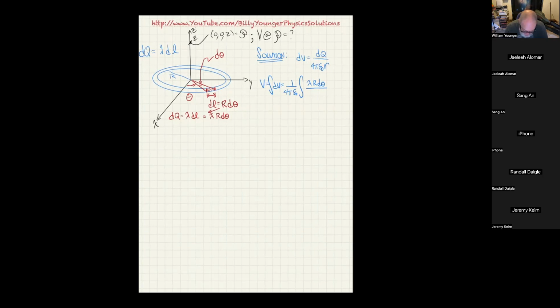So all we have to do is take the square root of r squared plus z squared. Does everybody agree with that assessment? Does that all make sense?